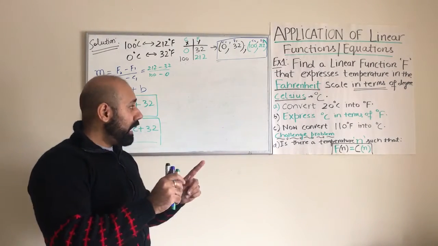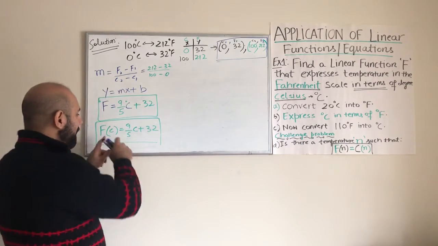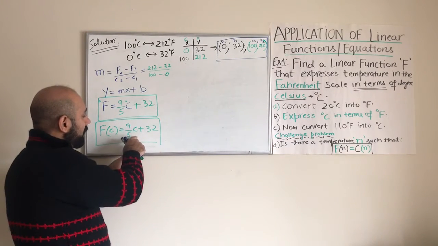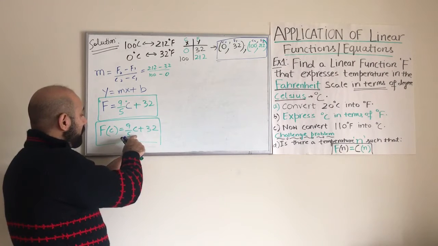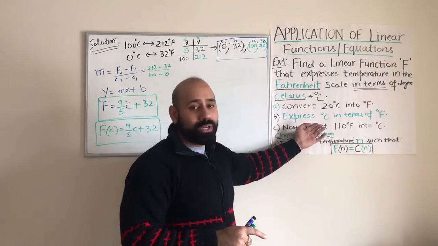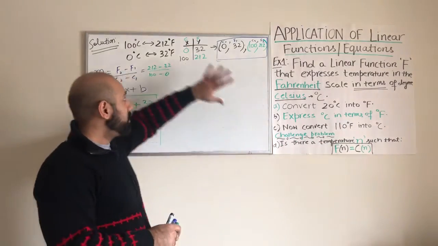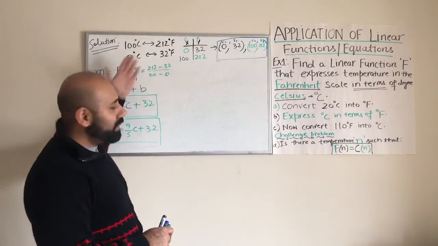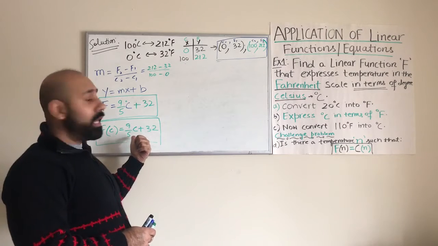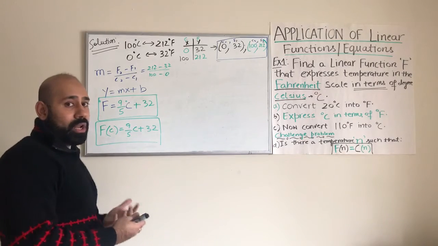The other one is something that I'm going to let you guys work on your own. But the other method is, if I already have F in terms of C, now if I solve this equation for C, I should be able to get the same thing that I want here, C in terms of F. Guys, you can work on doing this from the beginning, and you will see that you should get the same equation that we'll get by simply solving this equation for C. So let us look at these steps, how we can solve this equation, or what transformations we need to use in order to get C by itself.